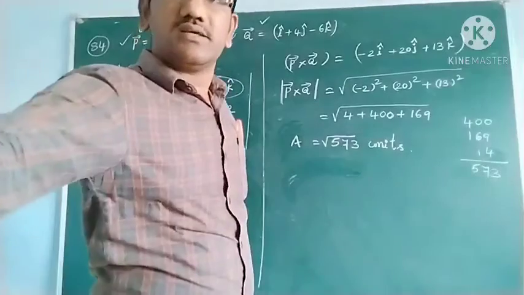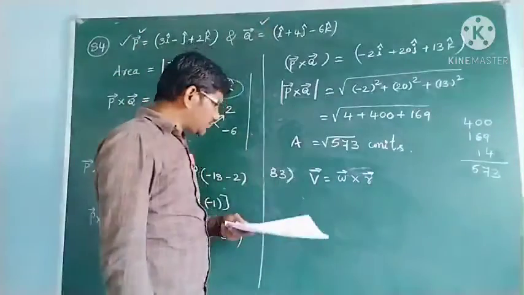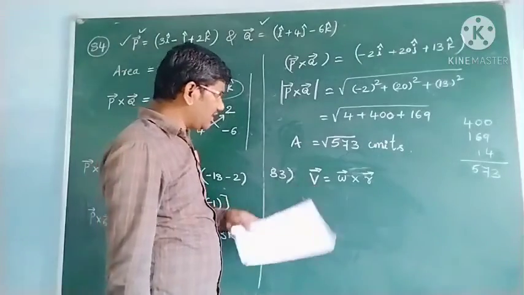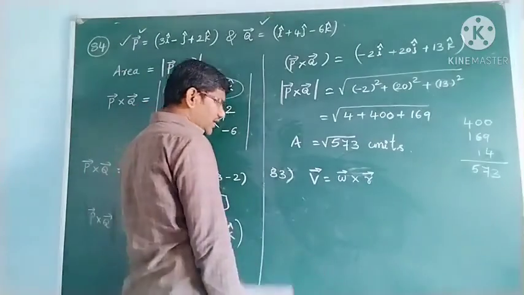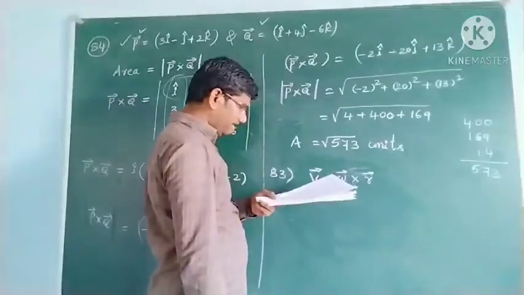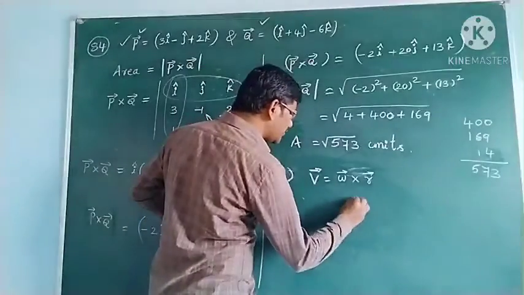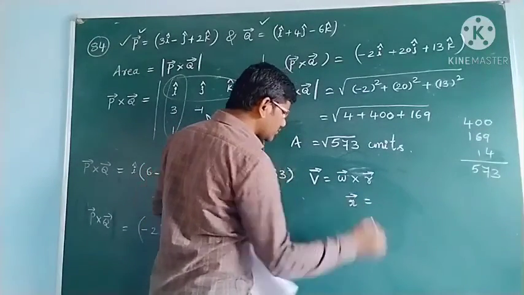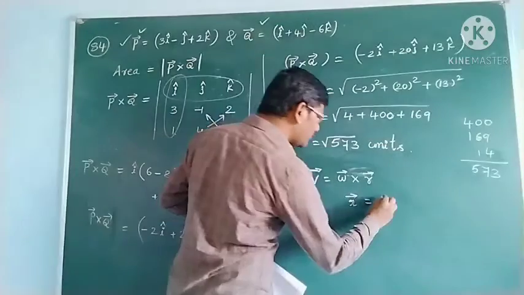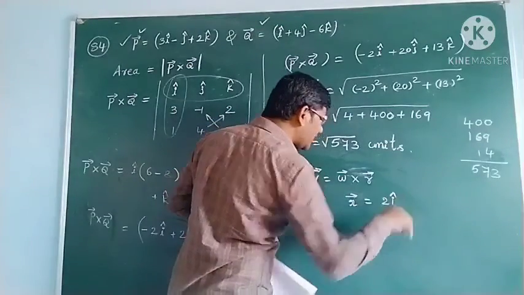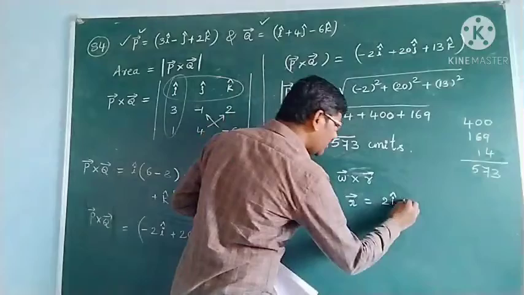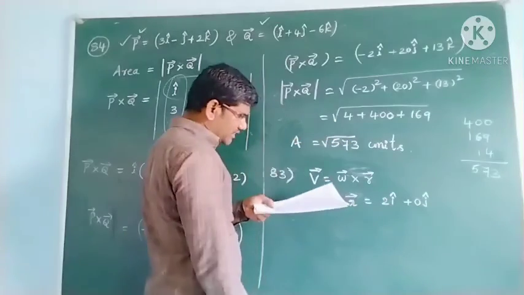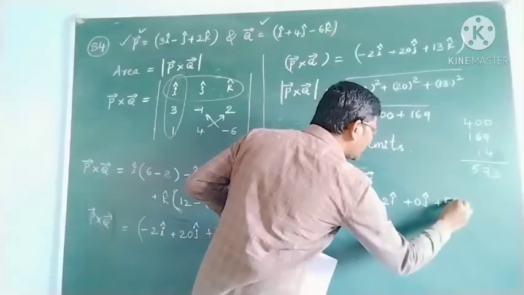Okay students. Now see students, problem number 83. So they have given r bar for us. So r bar is equal to 2i cap. They did not mention any j, so 0 into j cap you take it students, plus 5k cap.